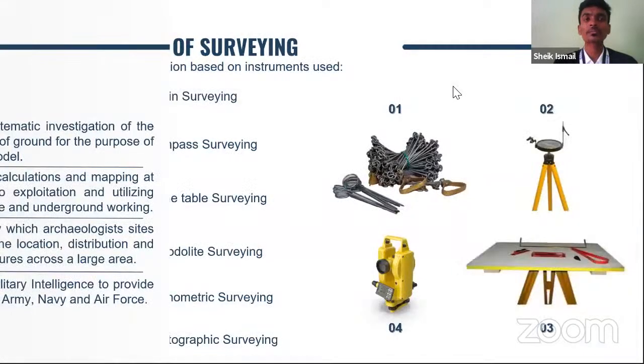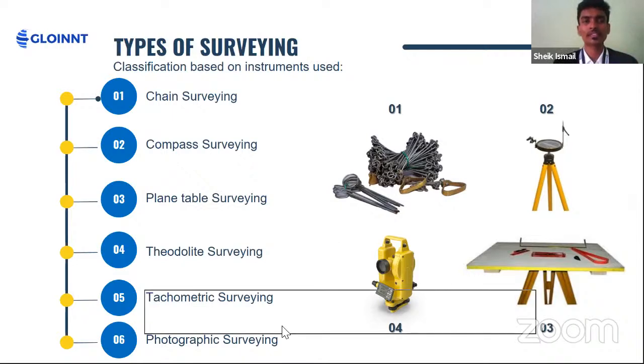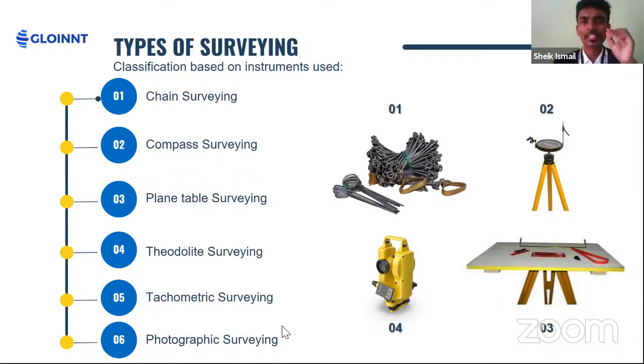types of surveying based on the instruments. As I told already: chain surveying, compass surveying, plane table surveying, theodolite surveying, tachymetry surveying, and photographic surveying. So what is meant by chain surveying? See the first image. The surveyors are handling the chain to measure the distance from one place to another place.